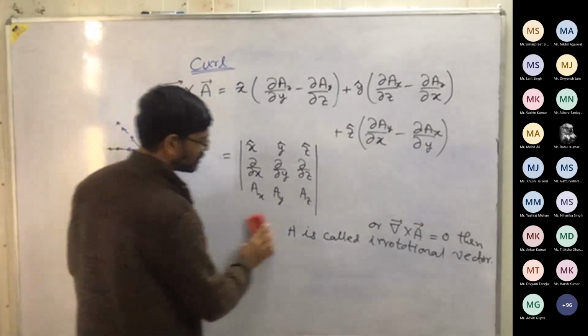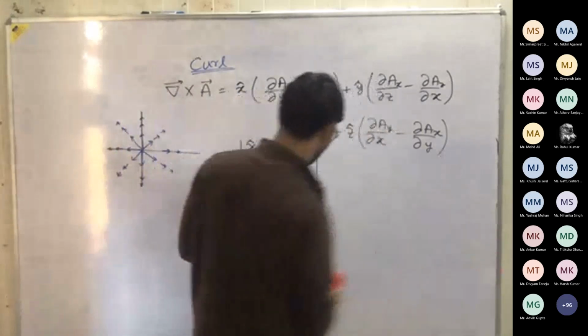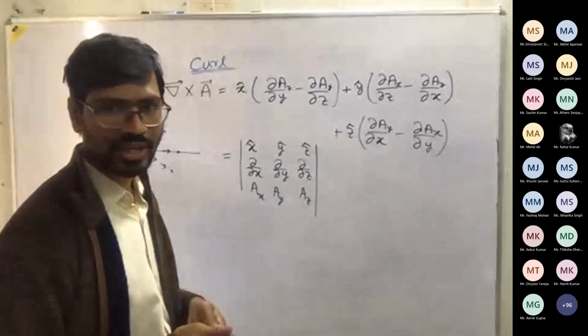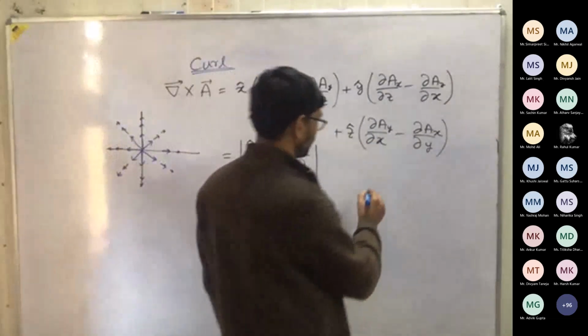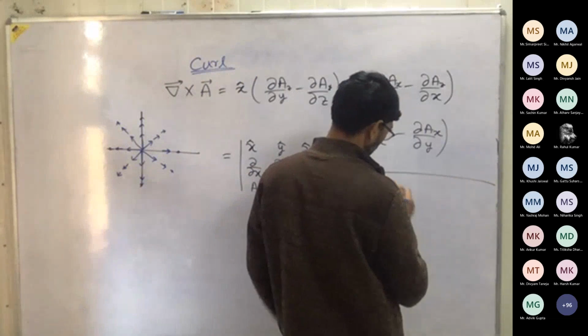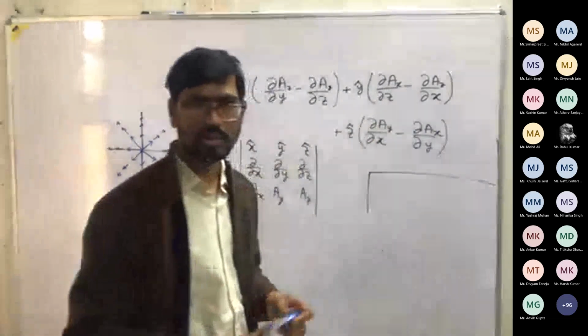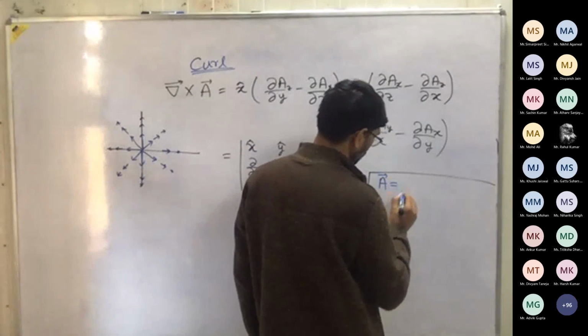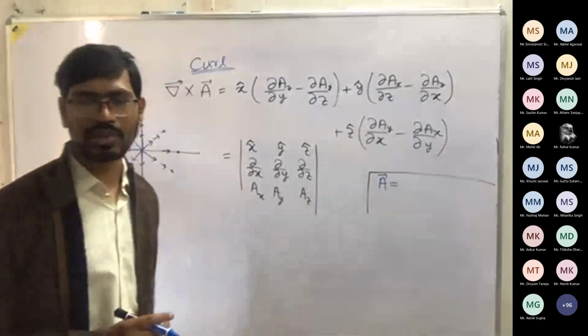So let me take a simple example. Give a very easy vector. Can you give an example?